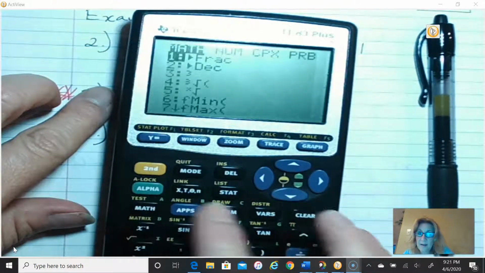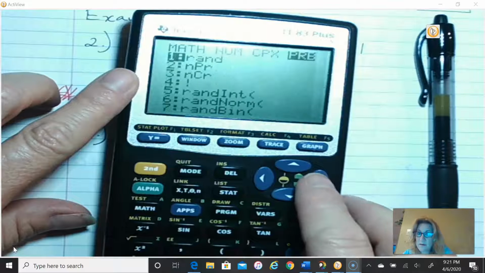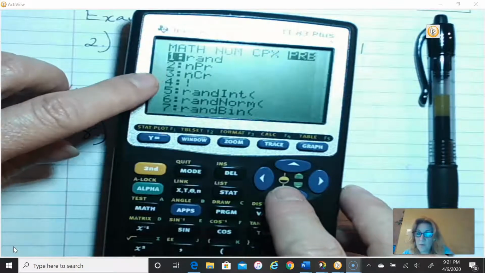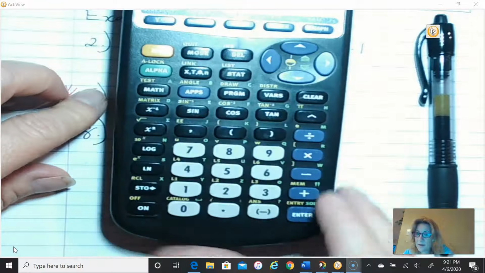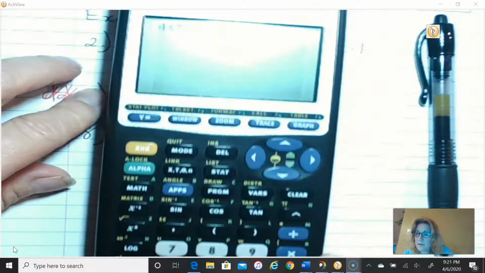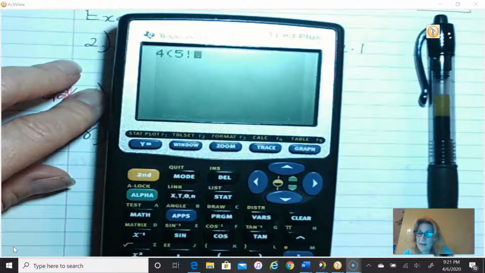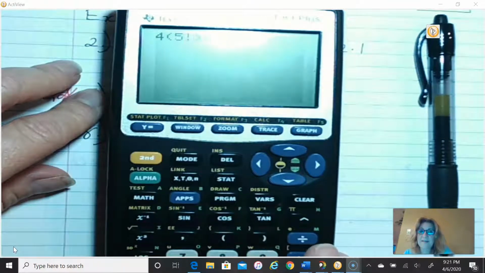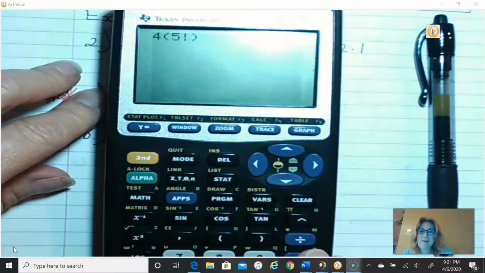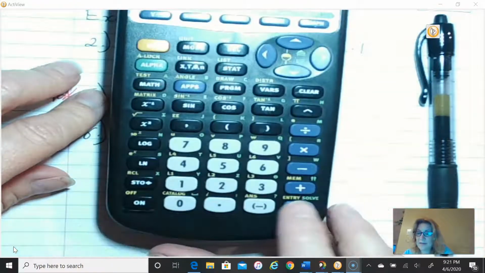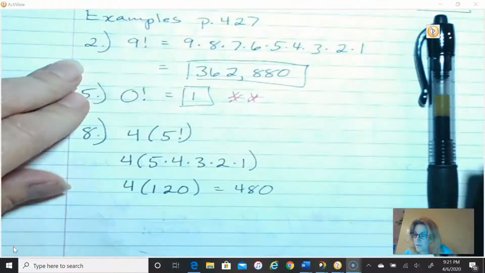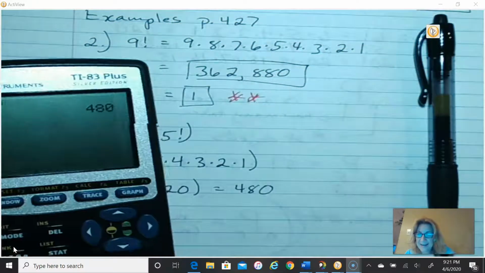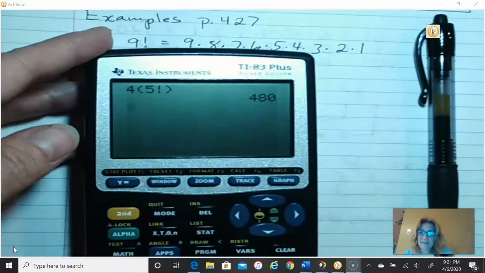Now I'm going to do math, go down to number 4, hit enter. Look at that. And then I'm going to hit end parentheses. Let's see if we get the same answer. Hit enter. 480. Yay! 480!